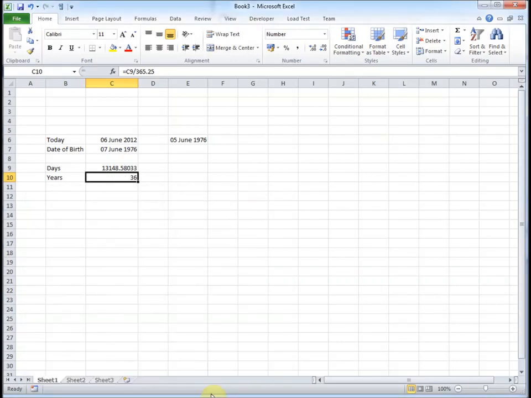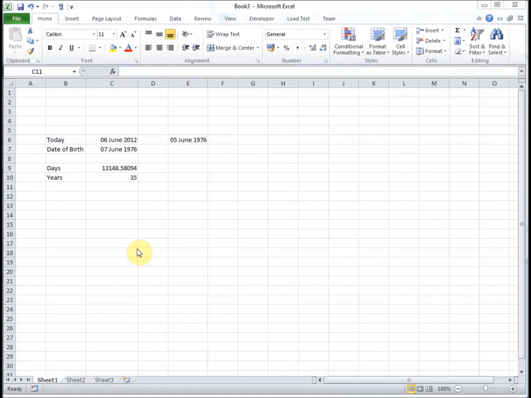And he's 36. But we still know he's not 36. He's not 36 until tomorrow. So what are we going to do about that? Well, the problem is actually here. We want the integer value of that formula. And press enter, and he's back down to 35.